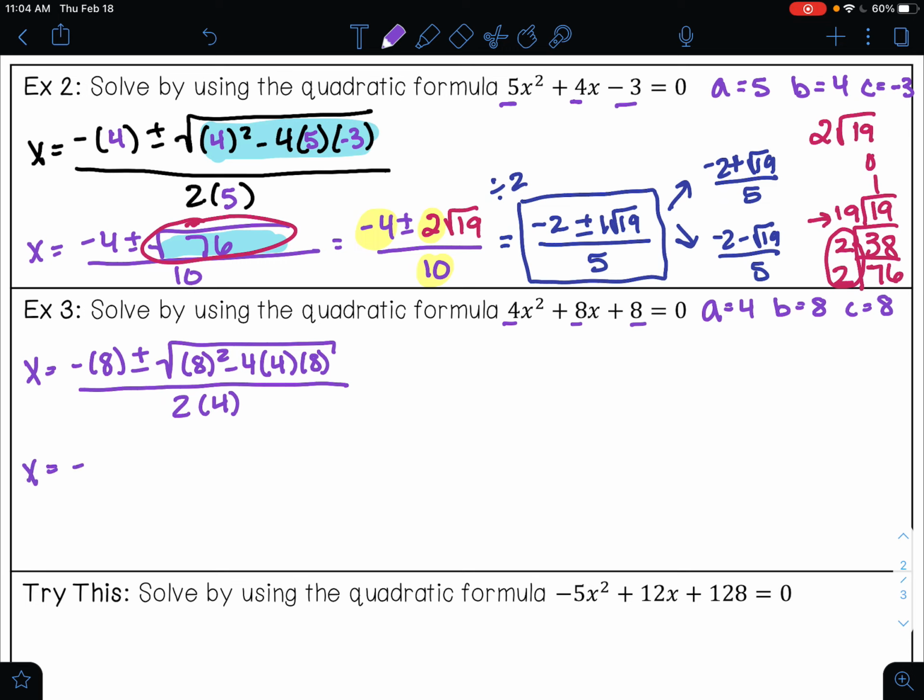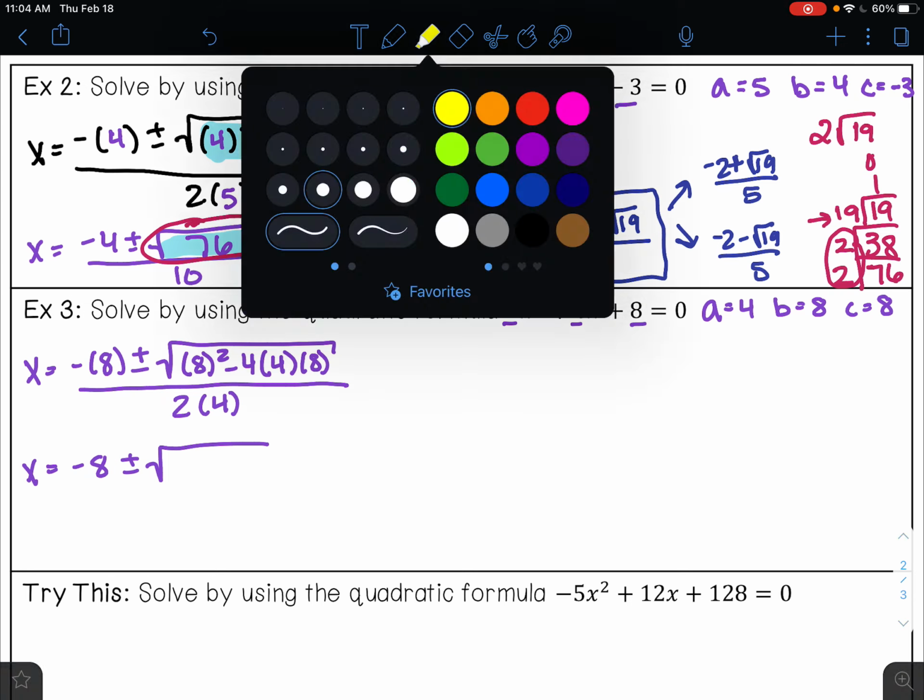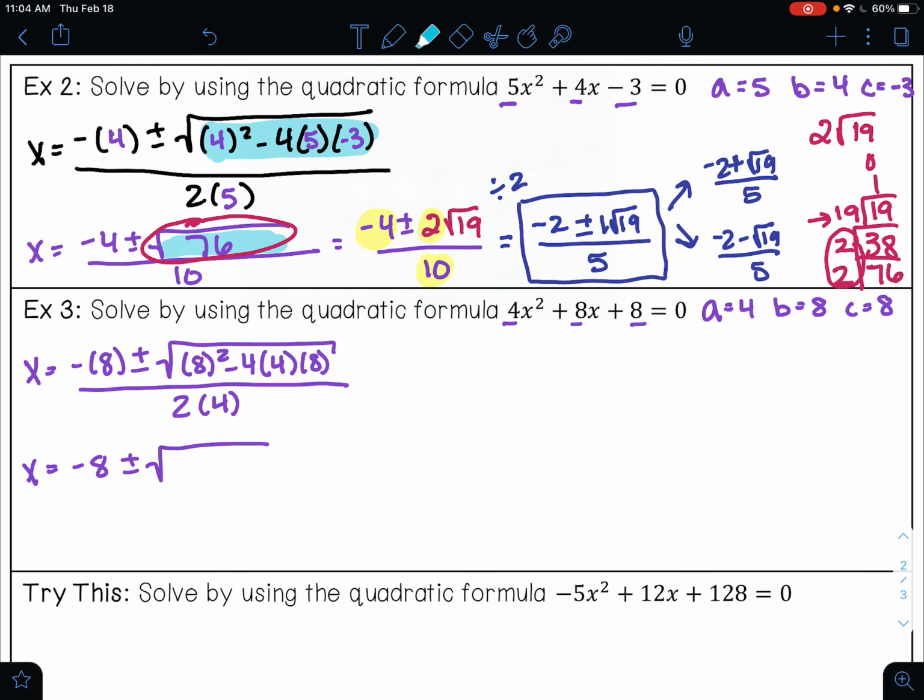So I'm going to go ahead and calculate the discriminant. And I remember the discriminant is the number inside or underneath the radical. So that's what I'm going to calculate. 2 times 4 is 8. All right, so let me grab my calculator.